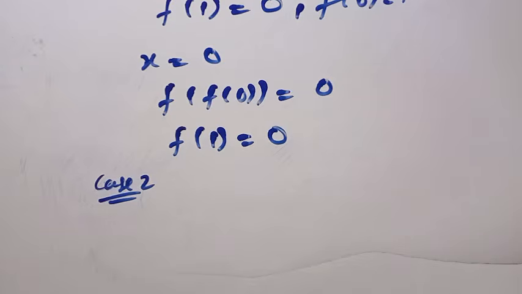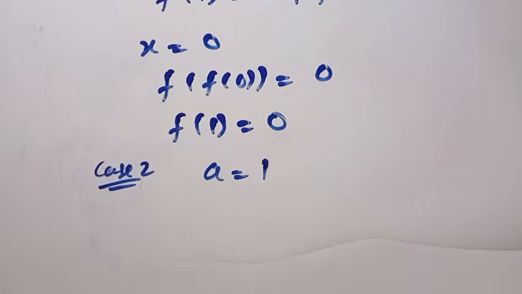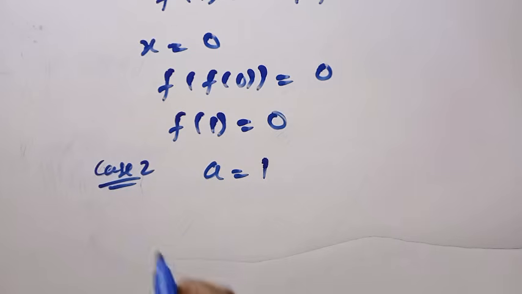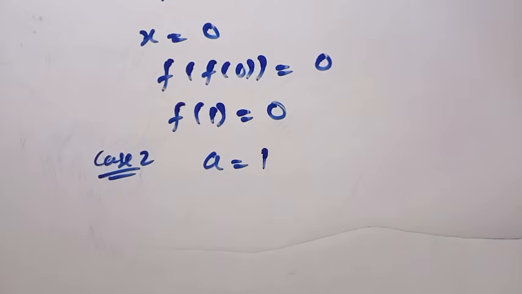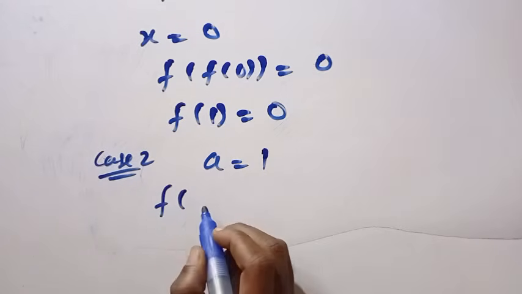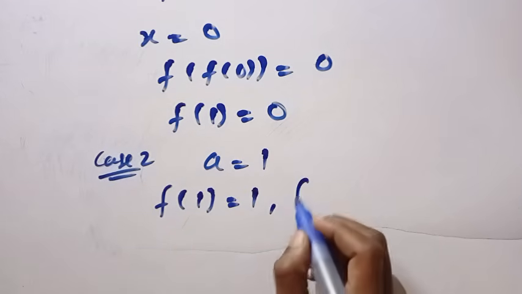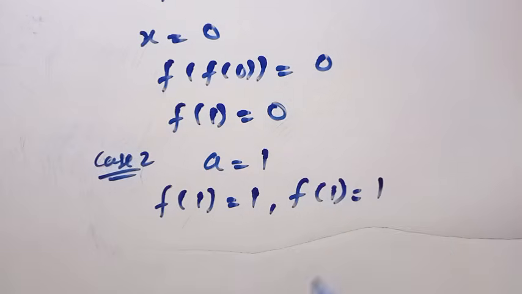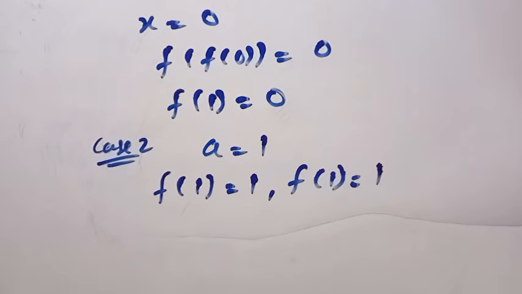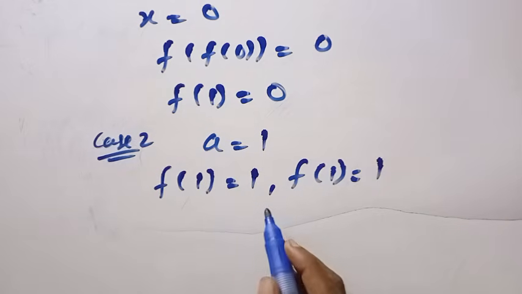If our a equals 1, then f of 1 equals a, so f of 1 will be equal to 1, and also f of 1 equals 1. And this is also consistent. So since we have f of 1 equals 1, making it consistent, let's proceed to the next step.